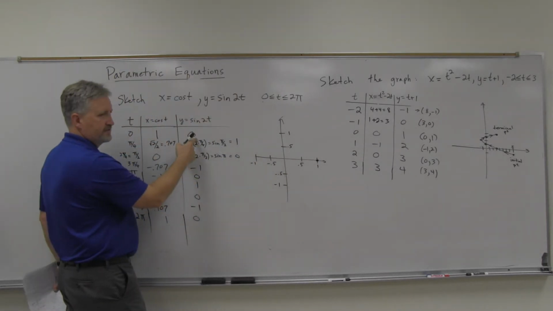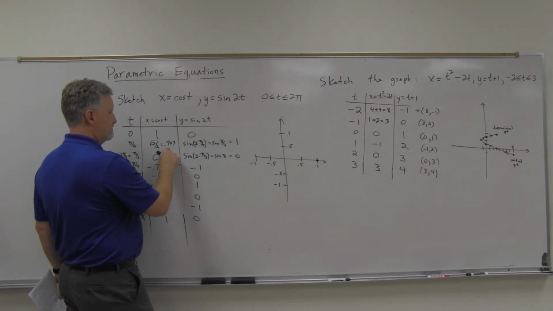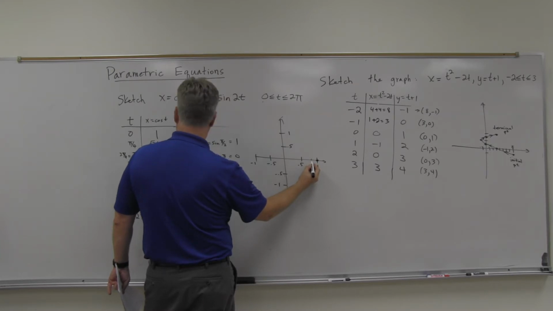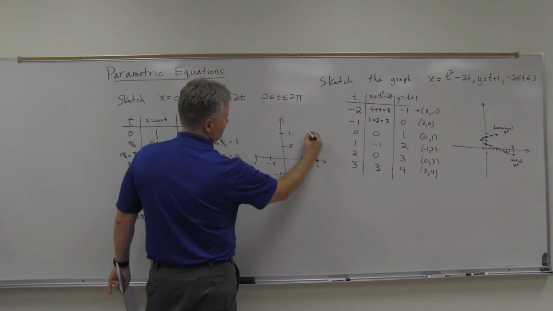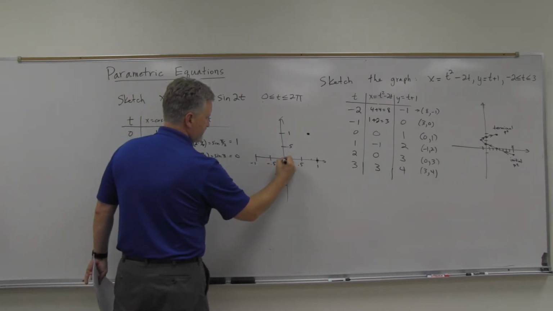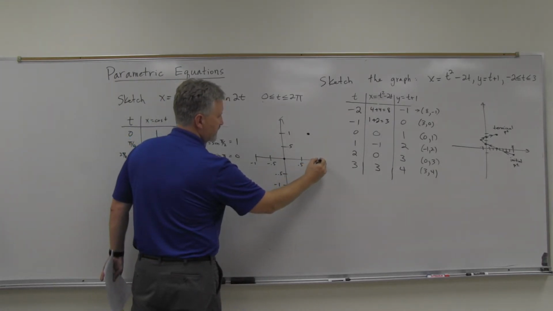X is 1, y is 0, so that's right on the x-axis. Then I've got 0.707 for x, right there, and then positive 1 for y, so it's up here. And then we're back to 0, 0.